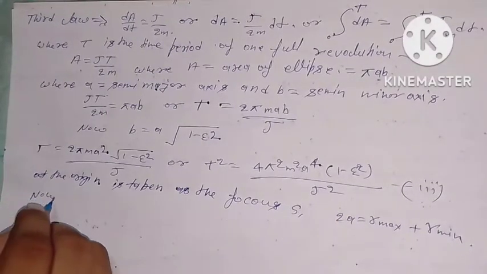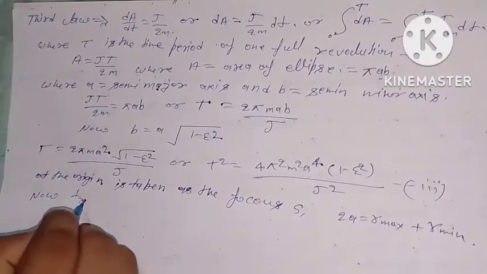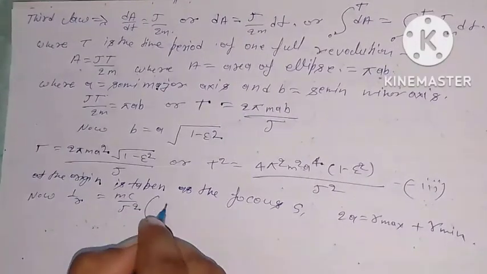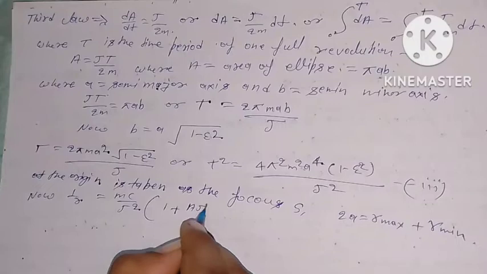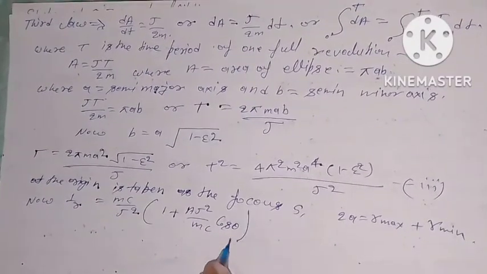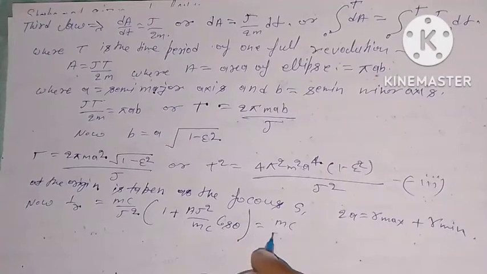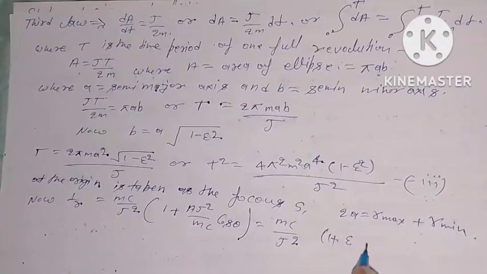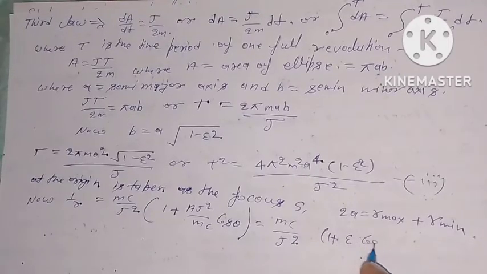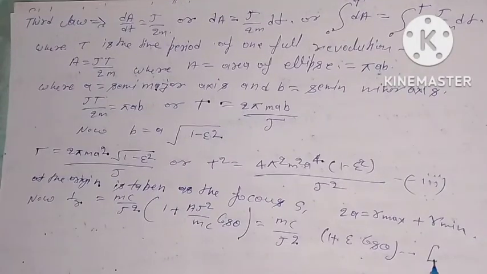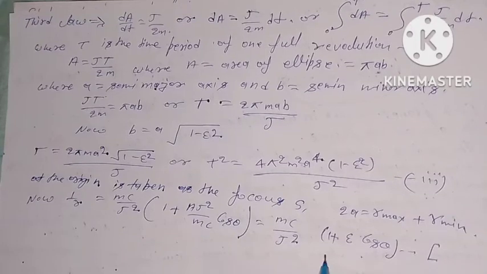Now 1 upon r equal to mc upon J square in bracket 1 plus J square upon mc cos theta, equal to mc upon J square into 1 plus epsilon cos theta. We studied the derivation of this equation previously.